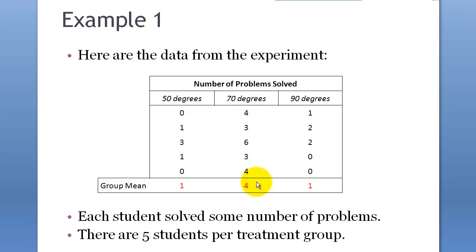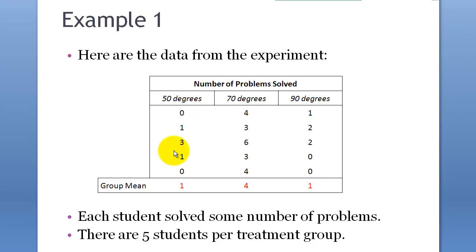What it gives us is that we can figure out how big the between group variance is. That's what we're trying to figure out. Are these groups different from each other? What's the size of the variance between groups? To come up with that, we use the within group variance as a denominator.